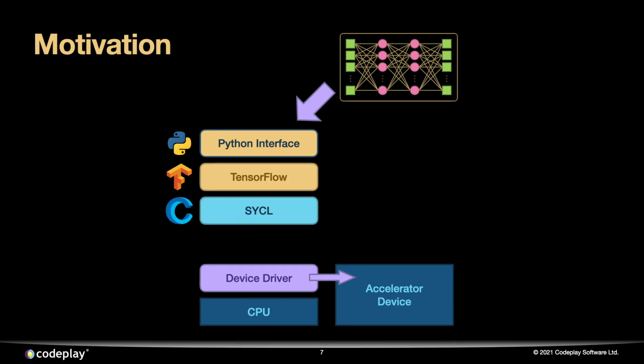Then TensorFlow uses the SYCL backend to convert these operations into C++. And SYCL will then compile the C++ operations to some intermediate representation. And all of that information is passed down to OpenCL. And OpenCL works with the device driver to then dispatch that machine learning graph to the graph accelerator device.